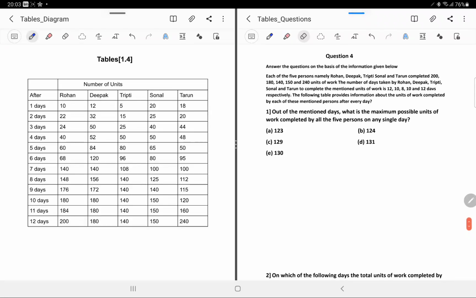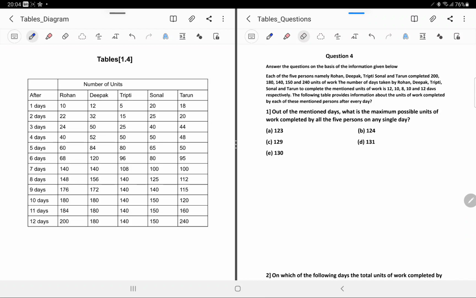Each of the 5 persons, namely Rohan, Deepak, Tripti, Sonal and Tarun, completed 200, 180, 140, 150 and 240 units of work. Maybe it was a task of making bricks.